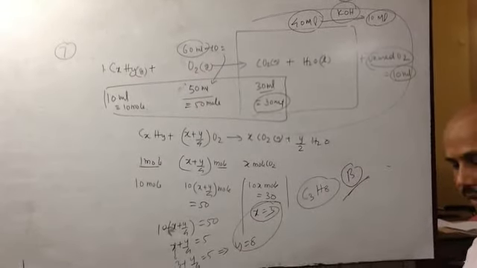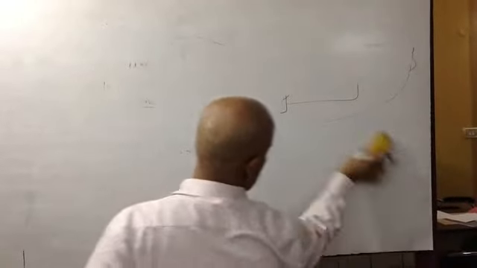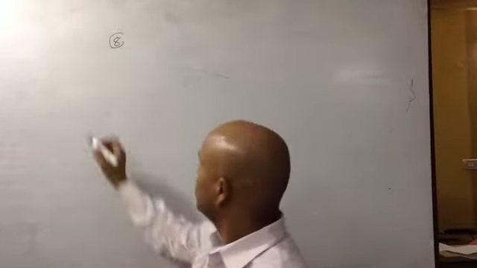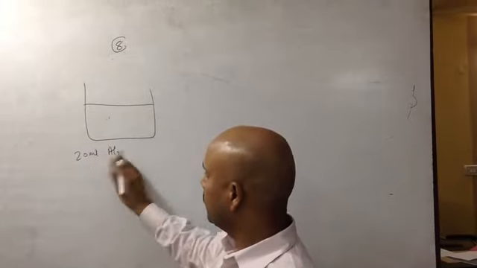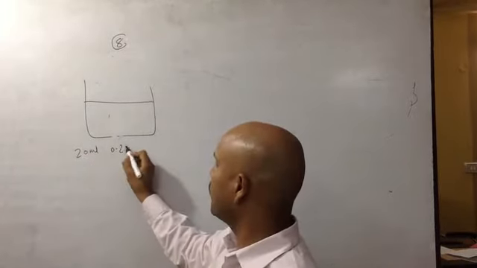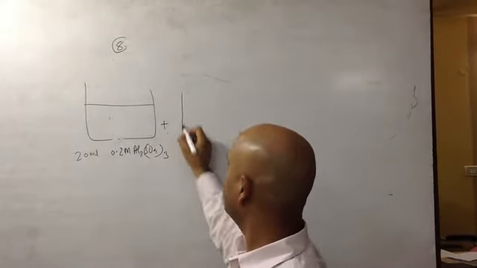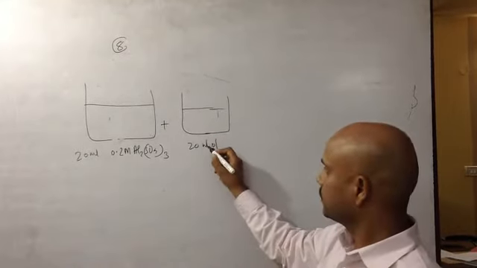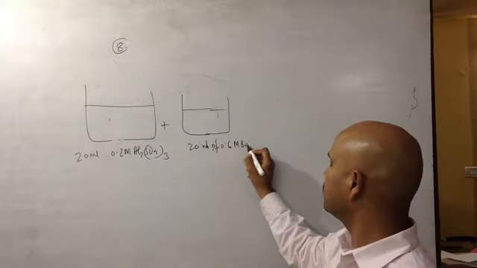Now move on to question number 8. Question number 8 is: 20 milliliter of 0.2 M aluminum sulfate combined with again 20 milliliter of 0.6 M barium chloride.